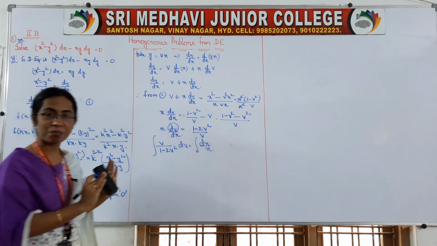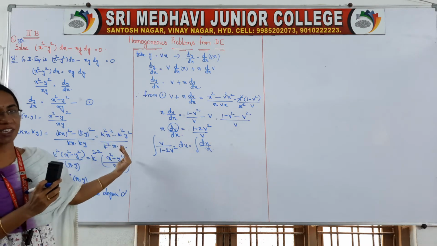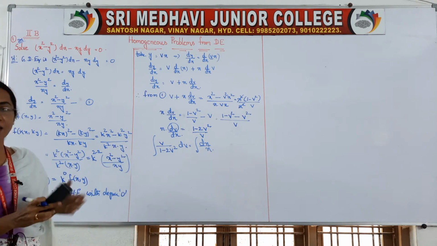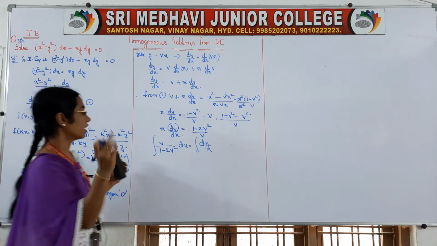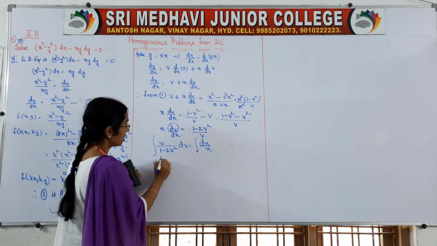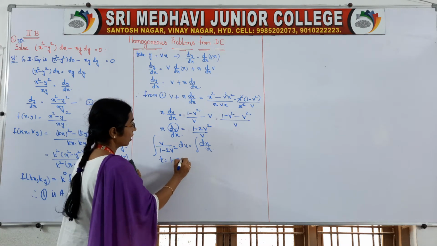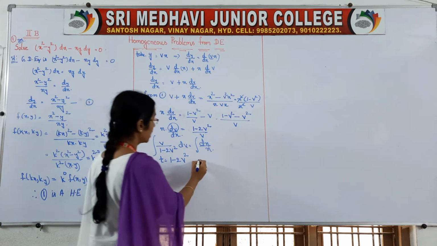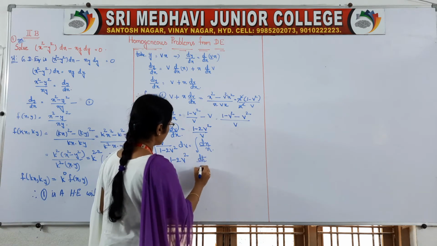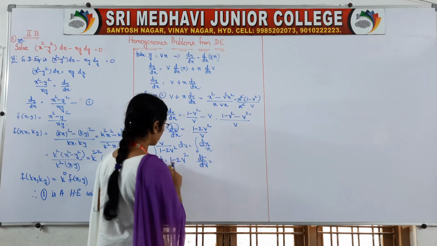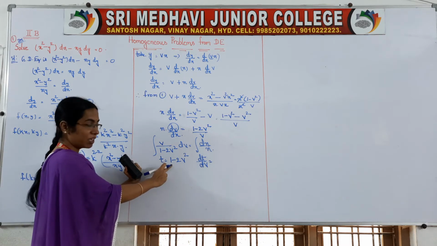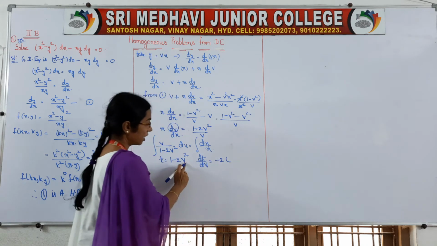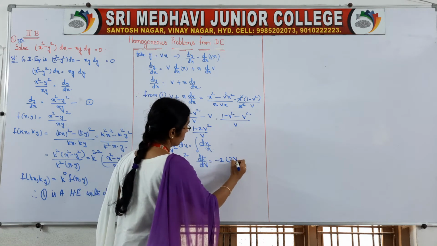Once the variables are separated, all the v terms into dv and all the x terms into dx, you take the integration. Now take t = 1 − 2v². Then dt/dv is the derivative of 1, which is 0, minus 2 into the derivative of v², which is 2v.